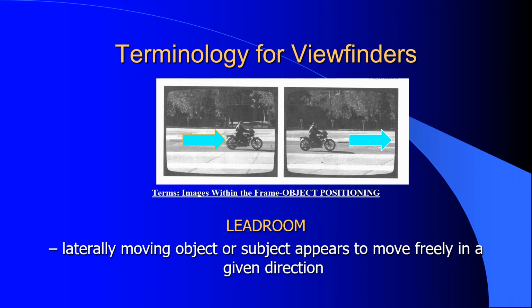Again, going back to the nose room, if the object is close to the frame, we expect that possibly something might come in and fill that empty space behind the object. And again, it might be the beginning of an accident or something else that's going to create a new type of action in this particular scene.